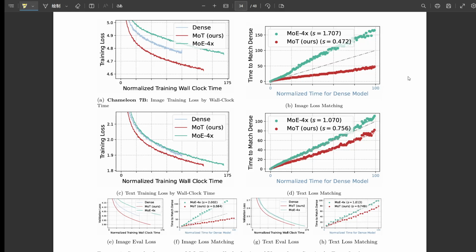And what's quite striking is that this relatively simple rule-based routing, just sending data to the right tower based on modality, seems to work better, or at least more efficiently, than the complex learned routing you find in standard MoE models. Right. And we saw these benefits hold up across different model sizes, and that MoT makes multi-objective training more efficient too. Exactly.